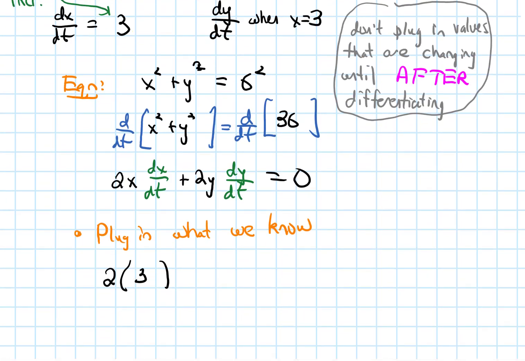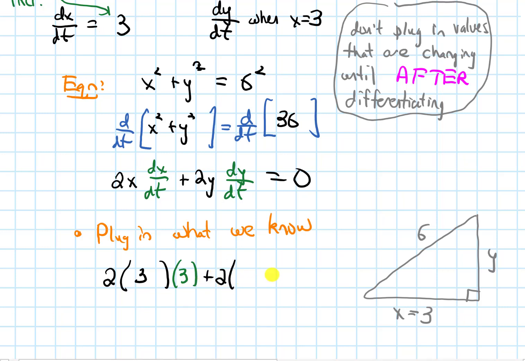Let me also start to draw a picture of that specific situation. I'm going to have my right triangle, and the hypotenuse is 6, and we are looking at the case when x is 3, and I'll call this y. Times dx/dt, and the problem told me dx/dt was 3, and then plus 2 times y, and then we want to know what dy/dt is, so that remains as dy/dt equals 0.